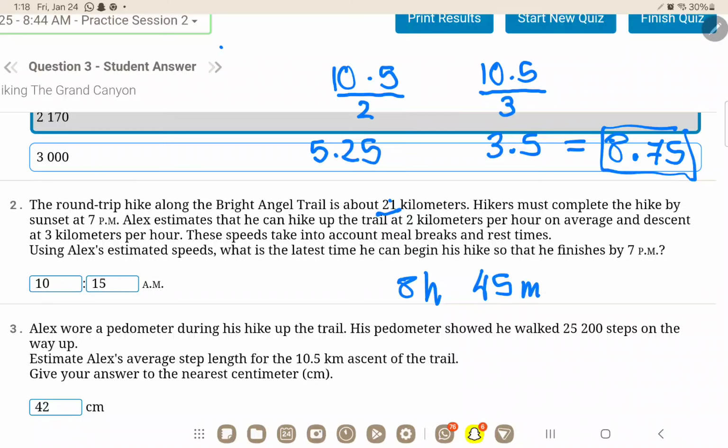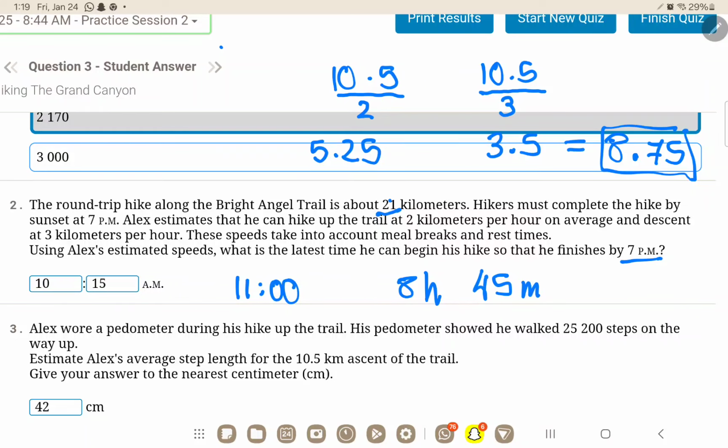So first, what we're gonna start off with is 7 p.m. Remove from it 8 hours. I prefer counting it down on my fingers, to be fair. So 7 p.m., that's when you need to finish. So 6, 5, 4, 3, 2, 1, 12, 11. Count it down on your fingers, it genuinely helps a lot. So the 8 hours would make it 11 a.m. when you need to leave.